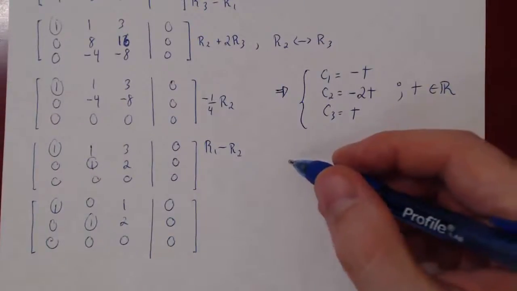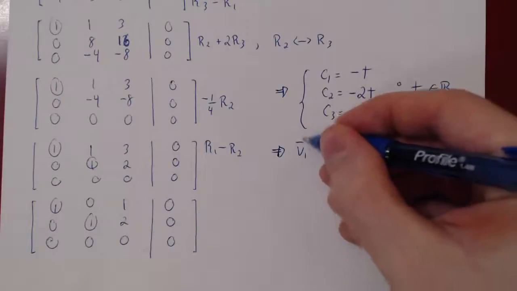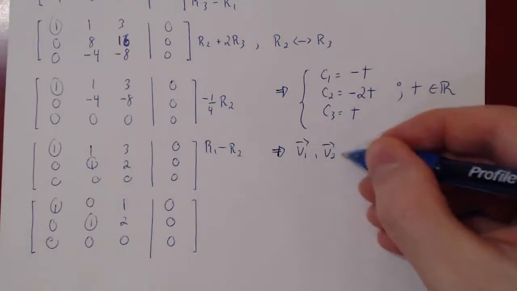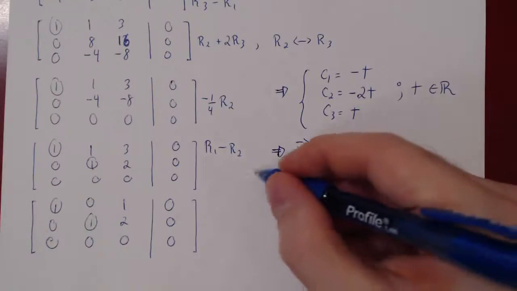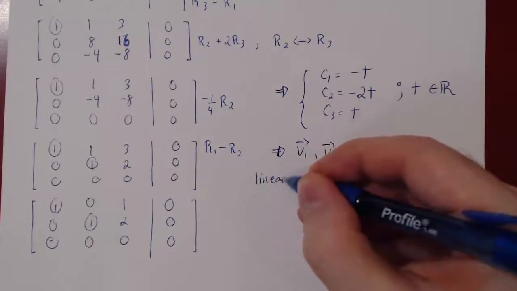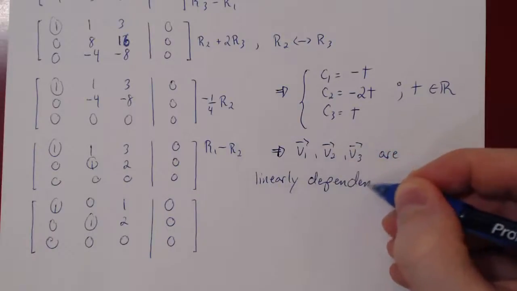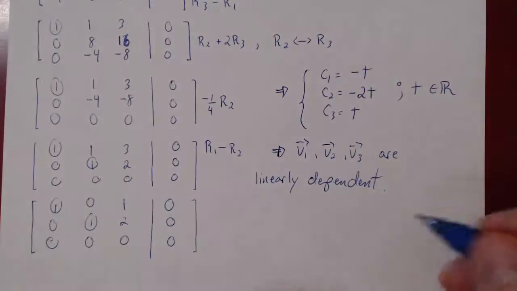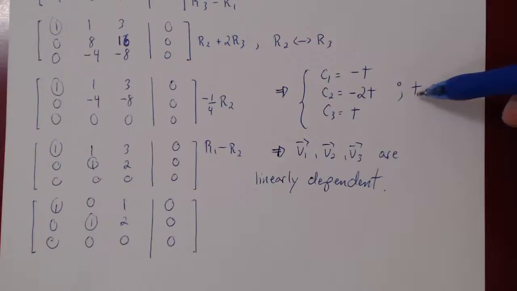Here I'll be a little lazy. I'll just simply rewrite v1, v2, and v3. And if you wanted a simple non-trivial solution, you could take t to be simply 1 or negative 1.